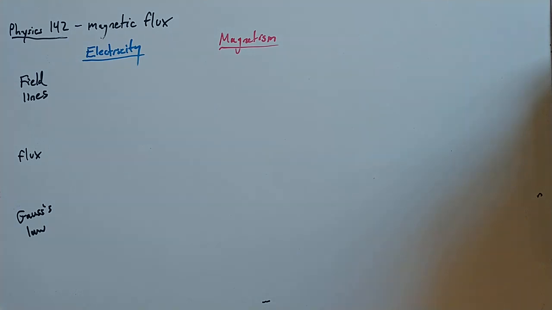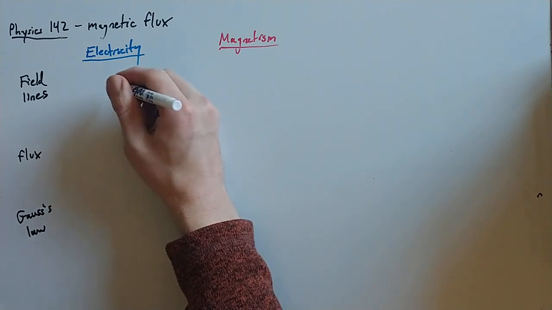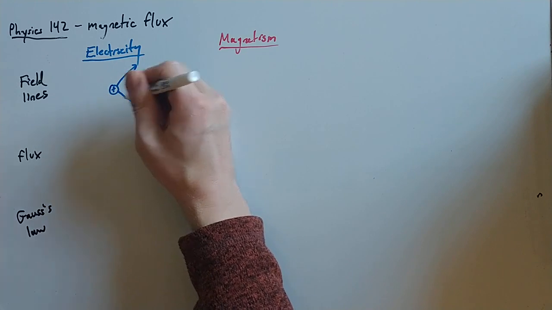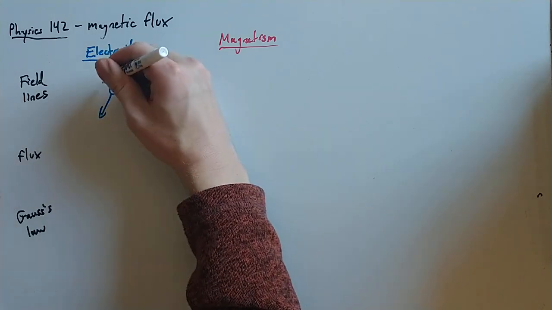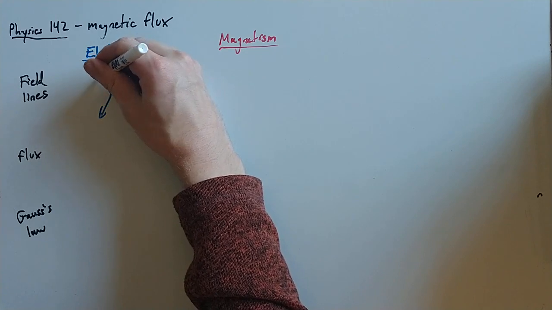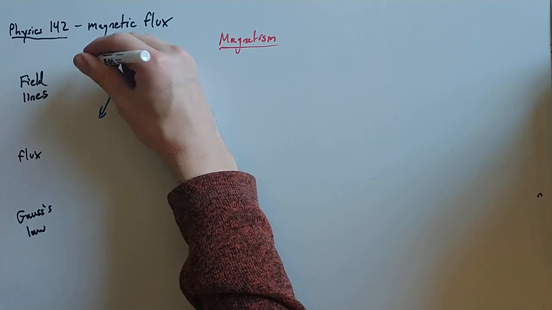Electric field lines are lines that connect the different electric field vectors, right? So if we had some sort of charge, we could draw electric field lines as lines that connect all the different vectors. If we picked this spot in space, we'd have a force vector like that, and at this spot in space, the vector would be smaller.